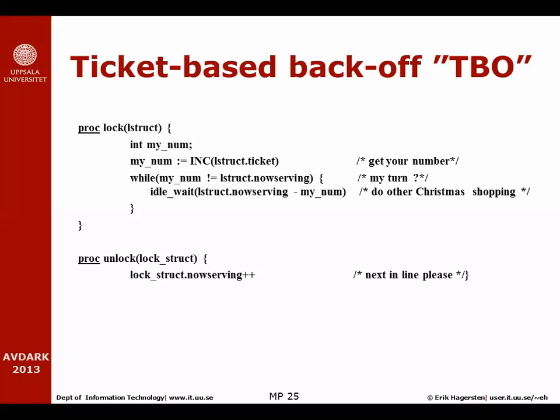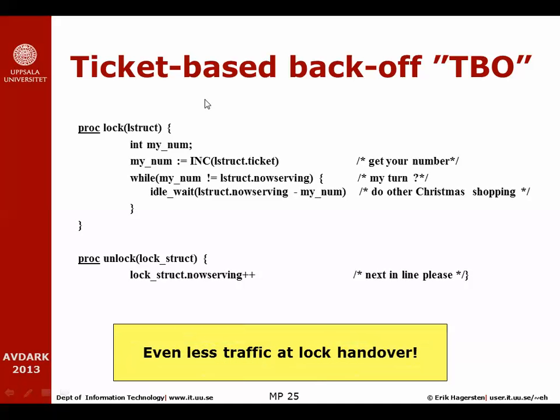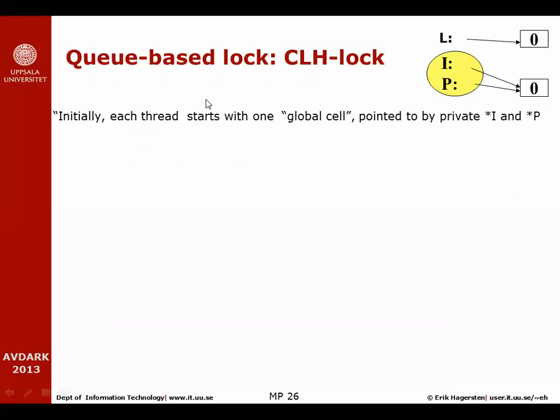We don't want 1,000 threads to get good news or to even just see that the number changed. We only want the ones that stand a chance at getting in to see their number change. So that's what's called a back-off strategy. In this case, it's the ticket back-off strategy. Even less traffic at lock handover. That's what we're aiming for.